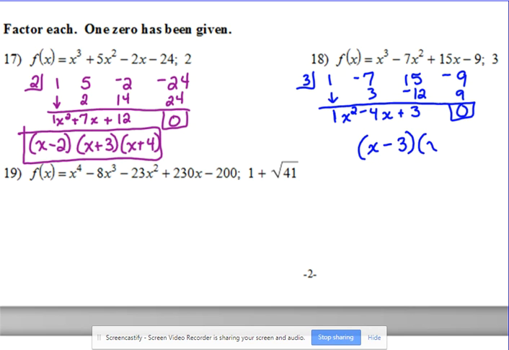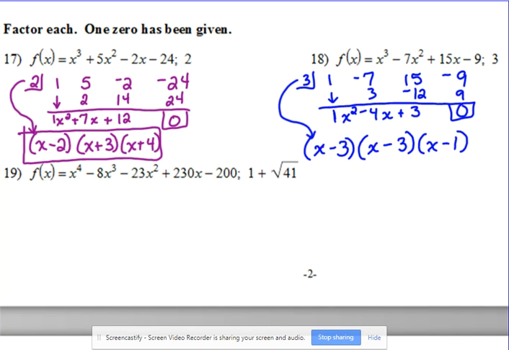X minus 3 times x minus 1, and then don't forget to include the x minus 3 from the 0, the original 0 that they gave us. Let me draw a little arrow so you know where that part comes from.